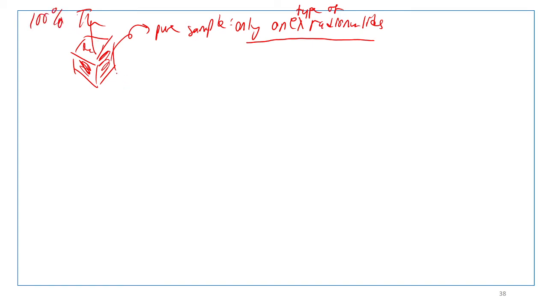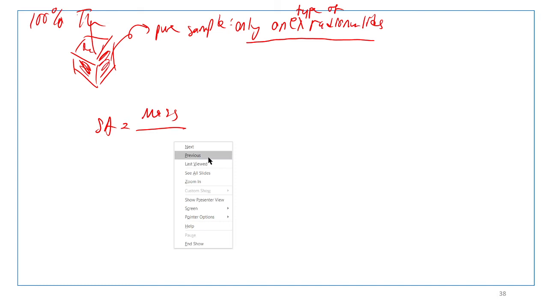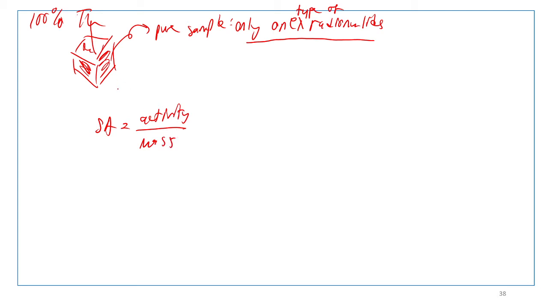If this is the situation, then according to the definition of specific activity, which is activity per mass, you only need to know the decay constant of thorium and its molar mass.